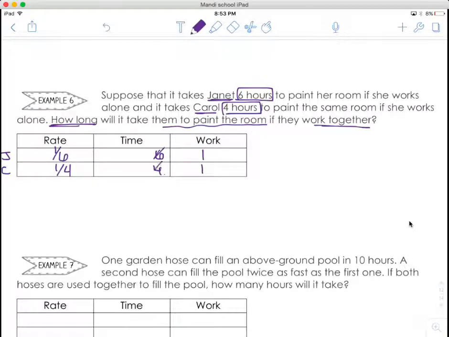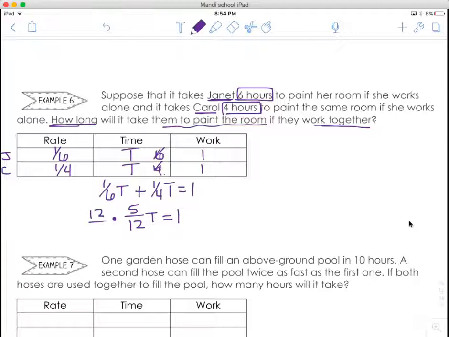Now remember, we really want the time together, so we're going to mark those out and make those t, because we want to know the work of Janet, so that's rate times time, plus the work of Carol, so that's rate times time, to equal one room that they're painting together. So using that N over D button on your calculator, you get 5 over 12 t equals 1.